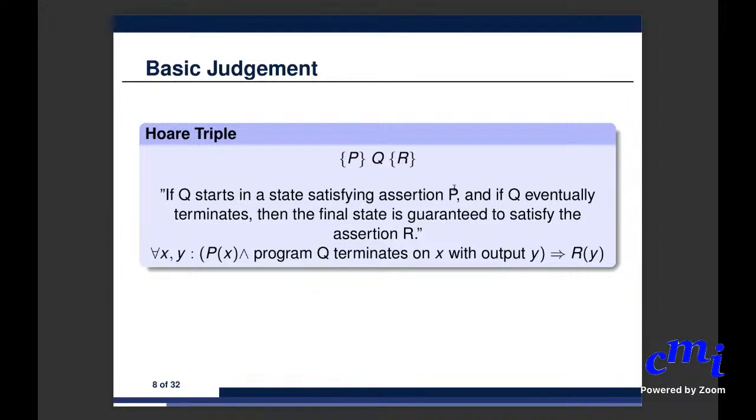That's what this thing means. Note that if P, the predicate itself, is false, this is vacuously true. Okay. So it only cares about those inputs for which P is true. That's what the Hoare triple means.